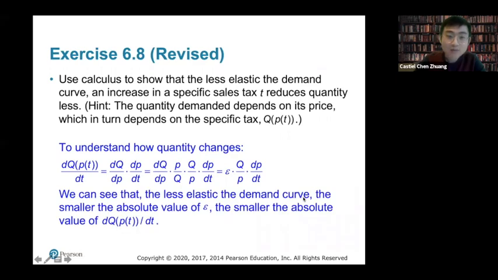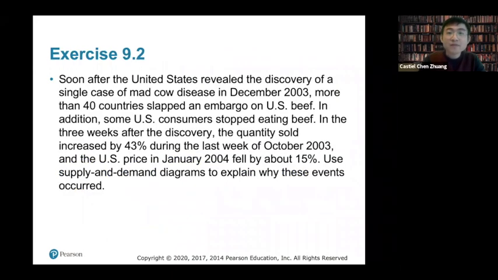So that's how we prove a statement using a mathematical equation and relate the equation to the statement. So that's all for this question, I guess. This one is trying to familiarize you with calculus and the formula of elasticity as well.